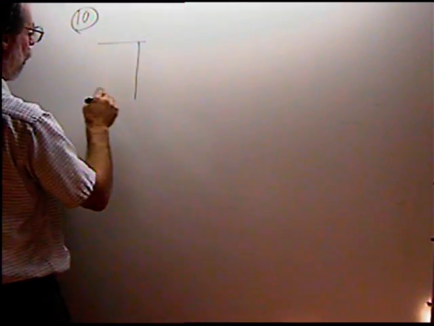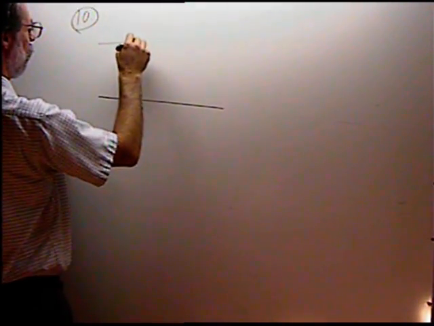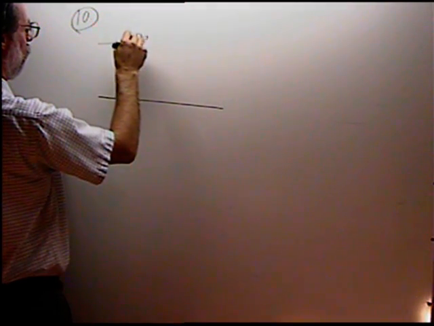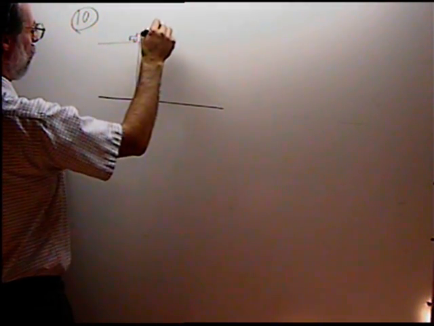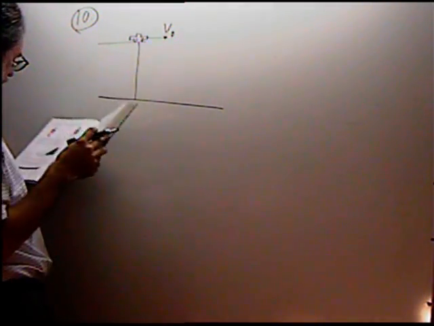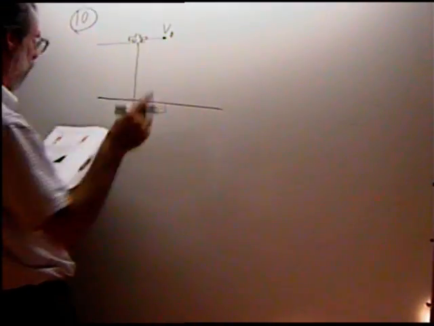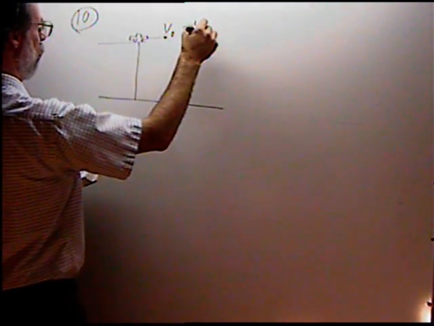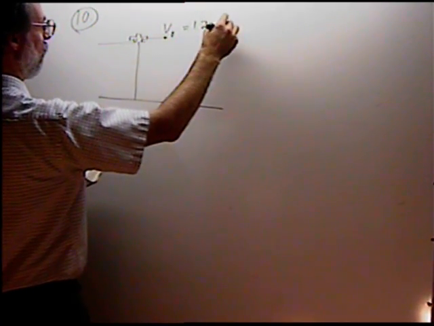Here's the table, and here's the car, and it zooms off with an initial velocity of 1.2 feet per second.